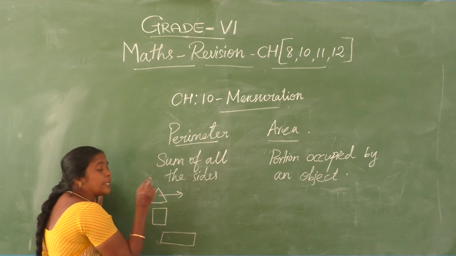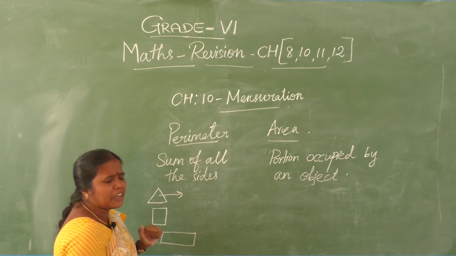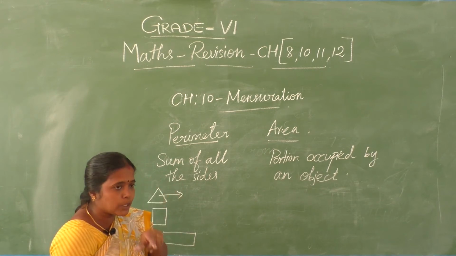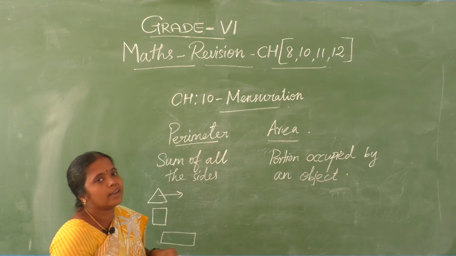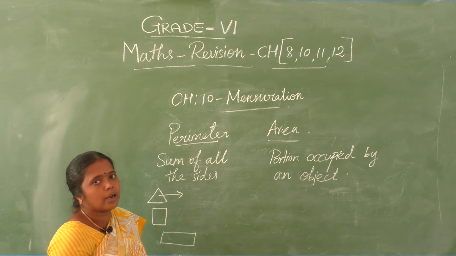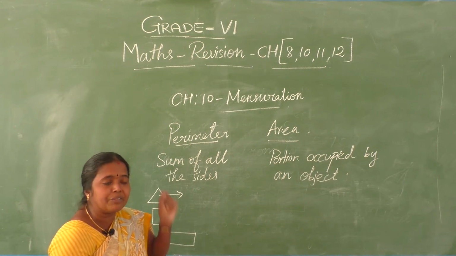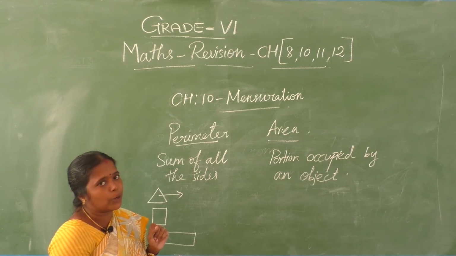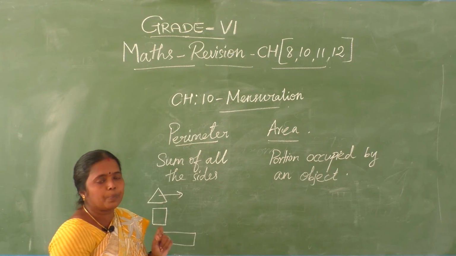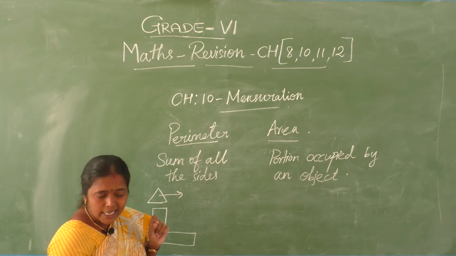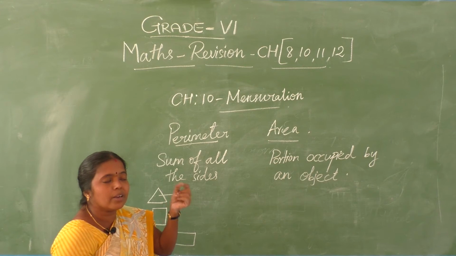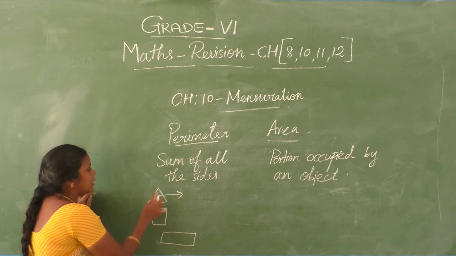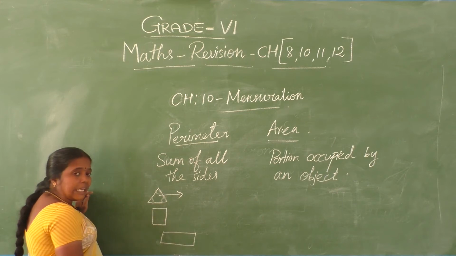Before going to the equilateral triangle, I have to say something about the regular polygon. What is a regular polygon? A figure which has all the sides and all the angles equal is called a regular polygon.